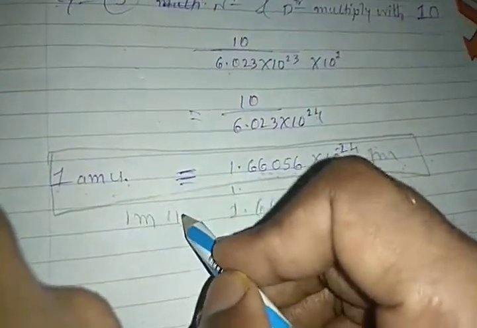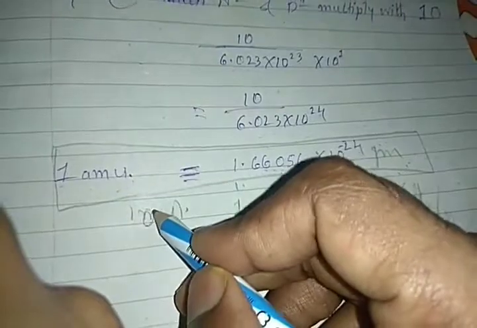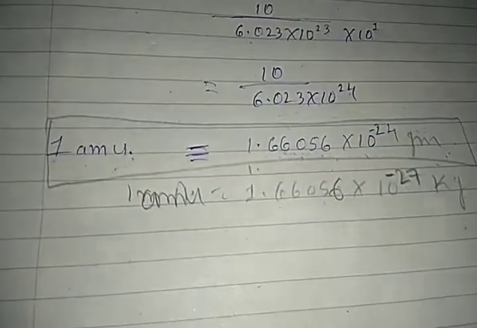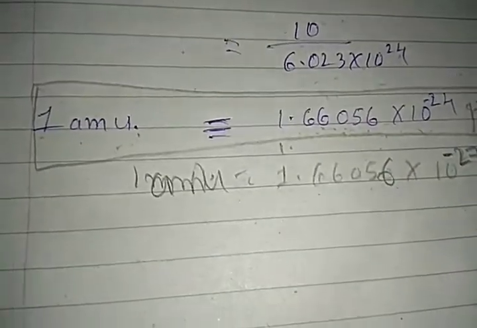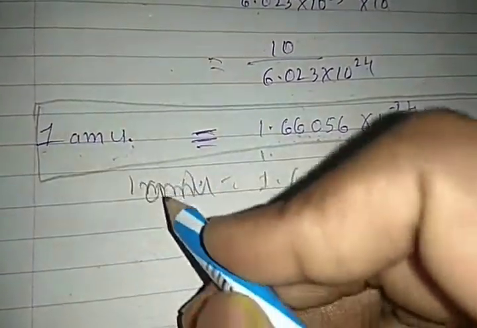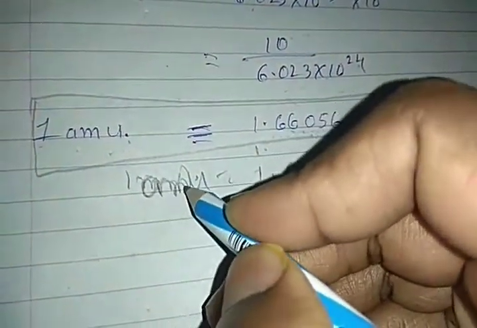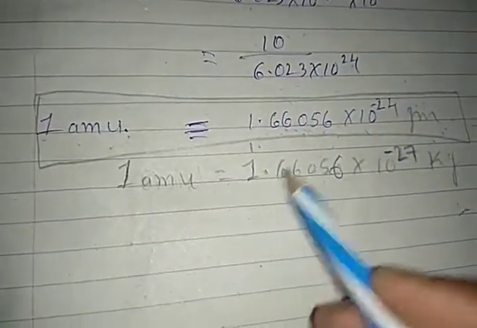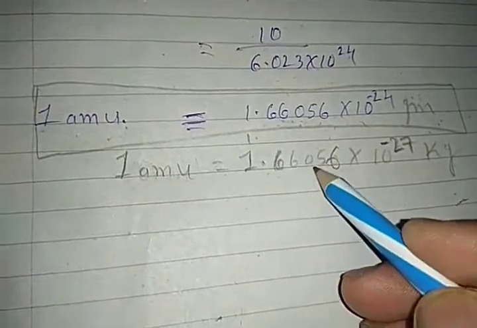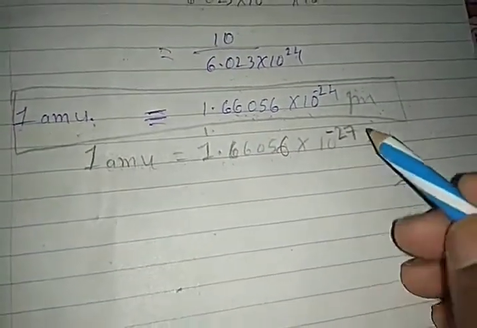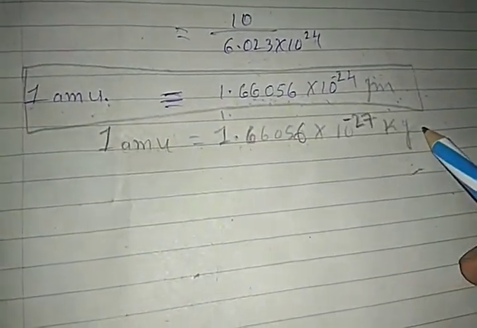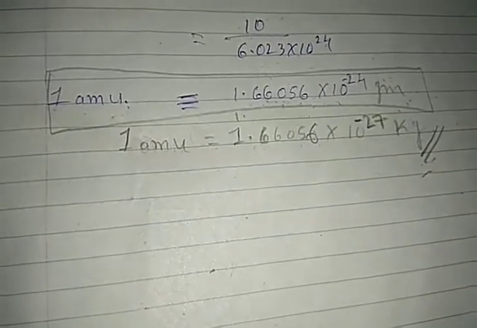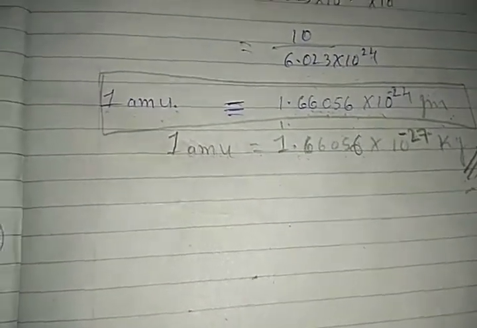Or you may write 1 AMU is equal to 1.66056 into 10 to the power of minus 27 kilogram. Right students? These are one more answer, students.